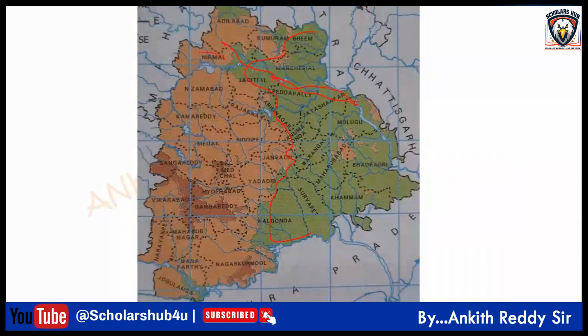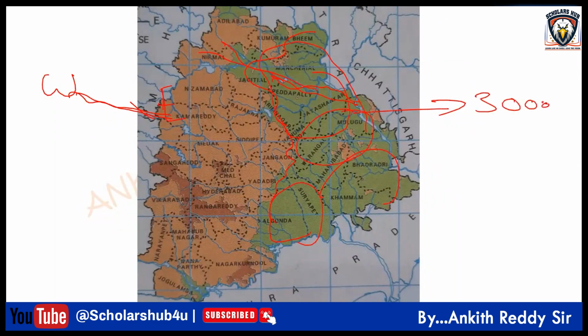That's the reason why, right? The rivers flow towards east. Why? Because the elevation is high on the western side, and as you move towards the east, the elevation is decreasing. So that's why the rivers are flowing towards east. Okay, Nalgonda, Khammam, Adilabad region, Warangal, these are the regions where the elevation is below 300 meters.